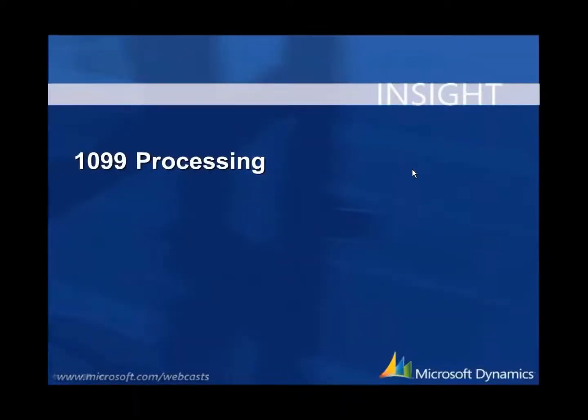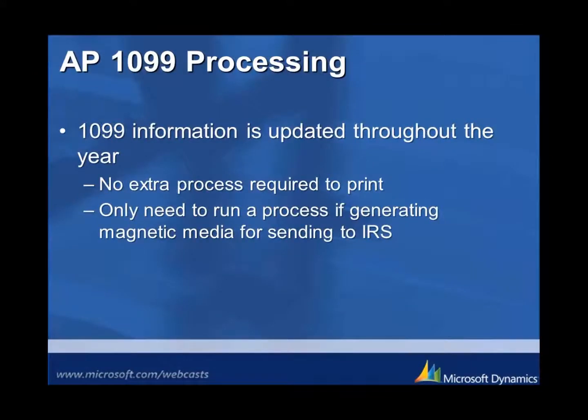All right, we're going to move on to the AP 1099 processing real quick here. The 1099 information is updated throughout the year. So every time that you enter a voucher that has 1099 information associated with it, it's automatically going to update your accounts payable vendors with that information.